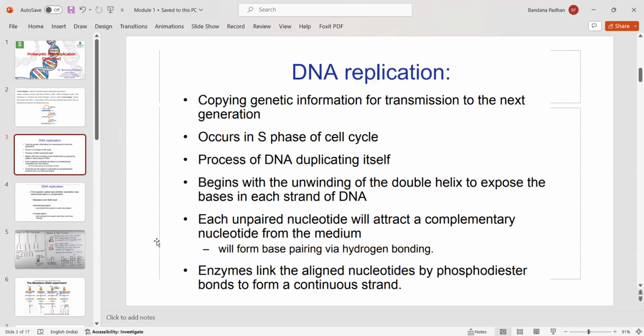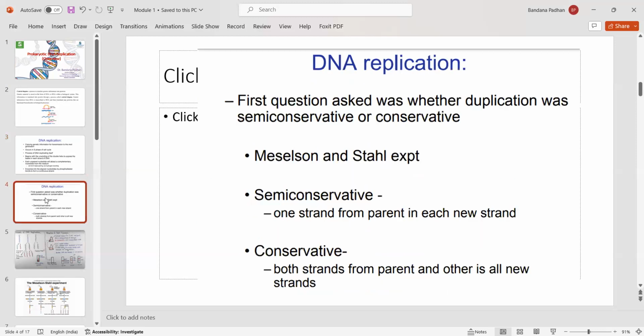Each unpaired nucleotide will attract a complementary nucleotide from the medium within the prokaryote. For this, various enzymes are required that link the additional nucleotides by phosphodiester bonds to form a continuous strand.